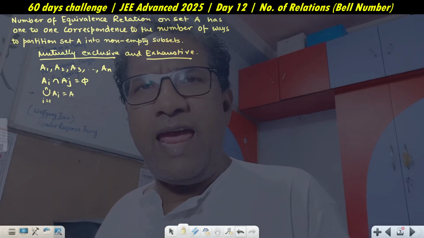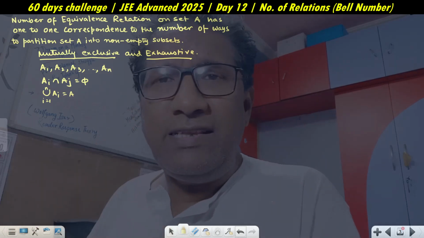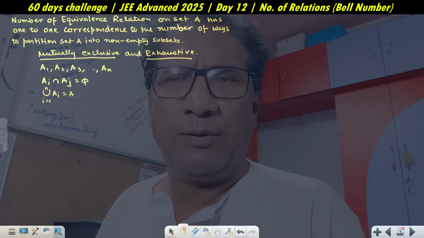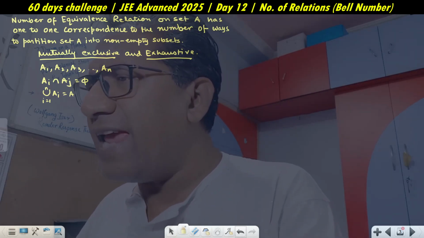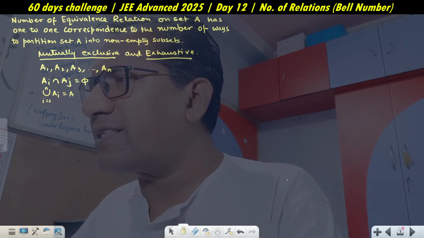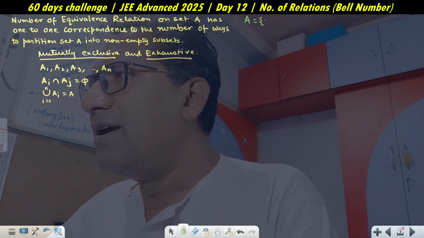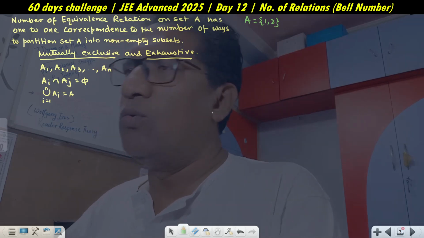Now I will verify this theorem by taking two practical examples. Let us say we take a set having two elements, 1 and 2.